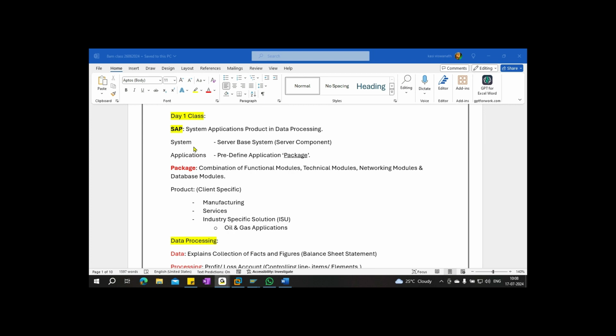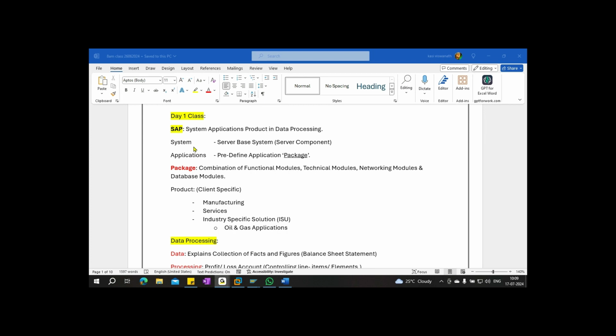In bracket, oil and gas applications. I repeat, product, nothing but a client specific. So, what are the client specifics? Either manufacturing or services or oil and gas, industry specific solutions.